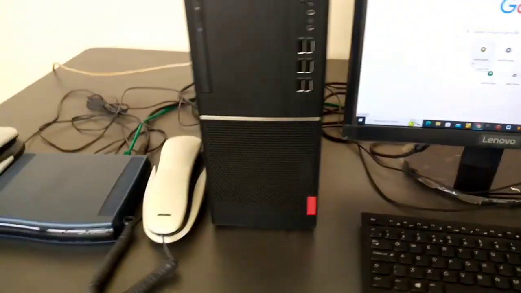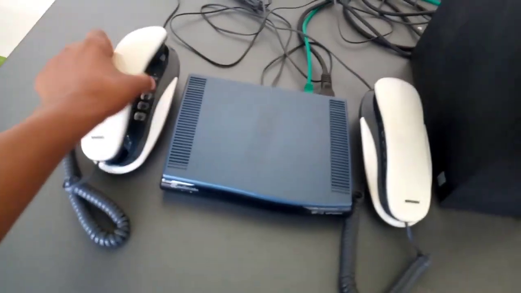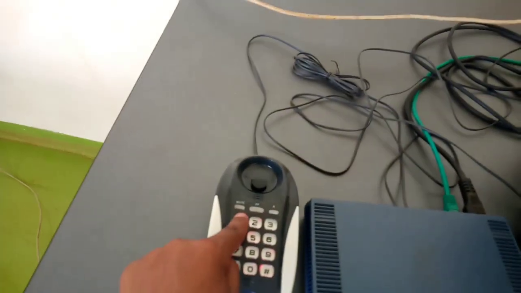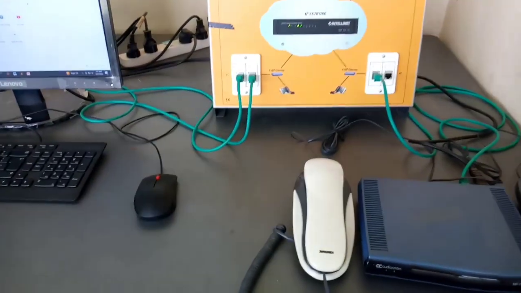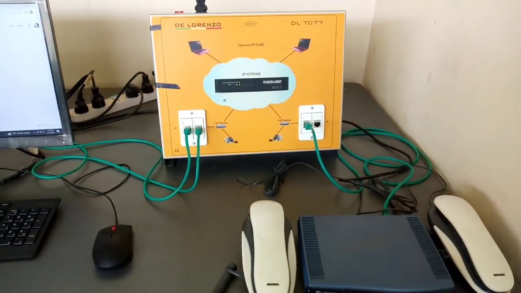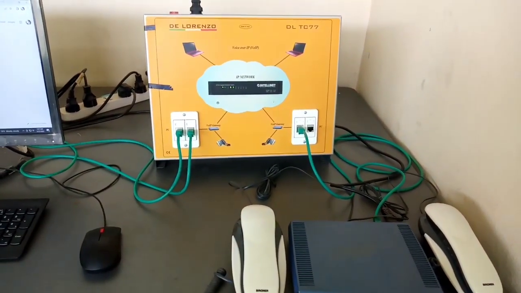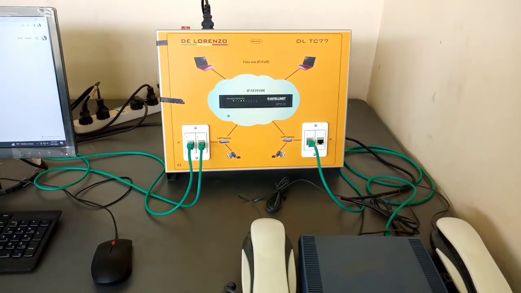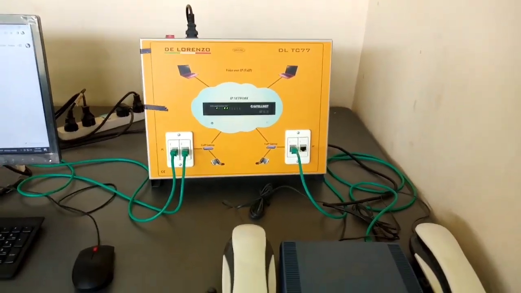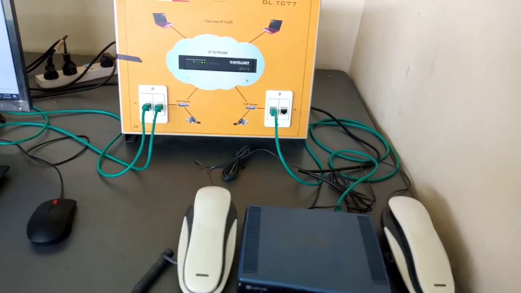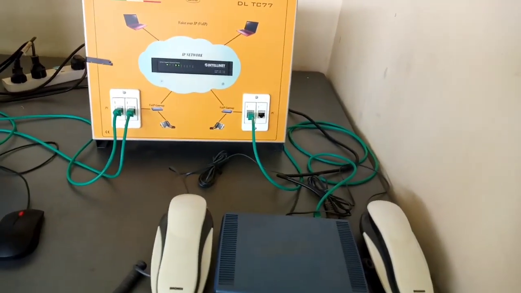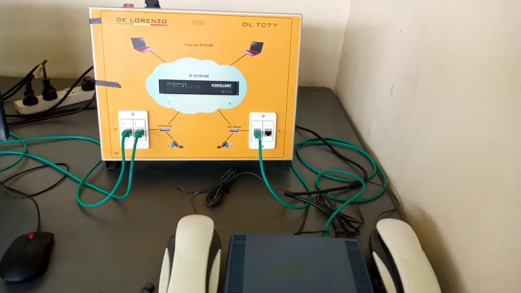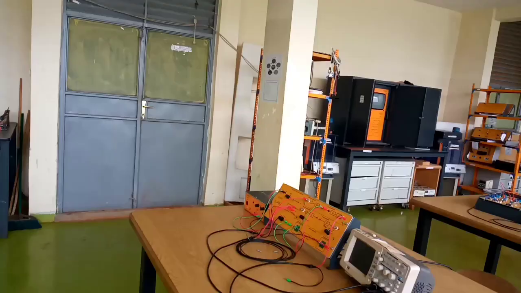After that, we can call and communicate with each other. What is its function? It may decrease additional calling costs because it is used for local communication in one office or one organization.